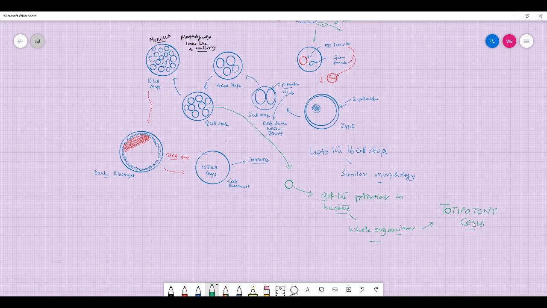By the blastocyst stage, some cells go to the periphery and some go inside. The ones at the periphery we call trophoblast. The ones inside we call the inner cell mass.